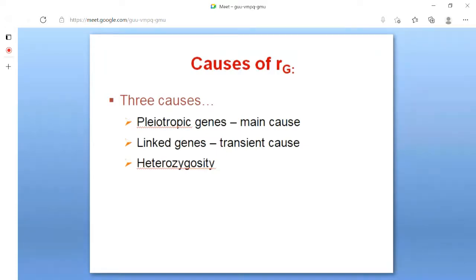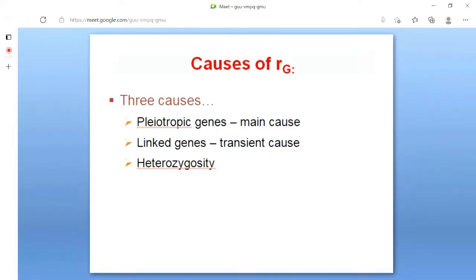So if the same gene is controlling your milk yield and the fat percentage, and there is some change in that gene, both the characters will change.